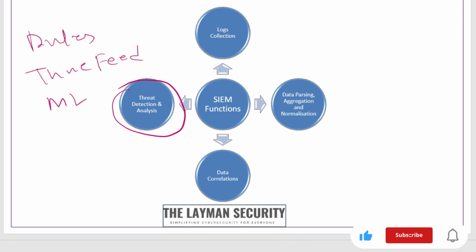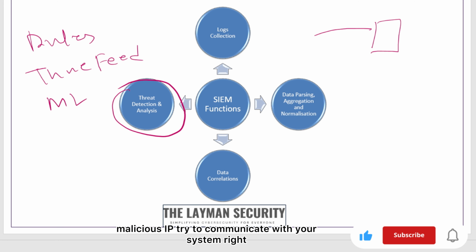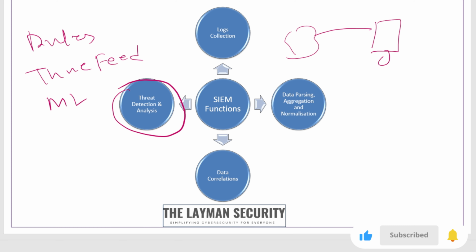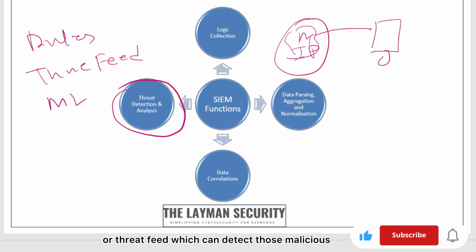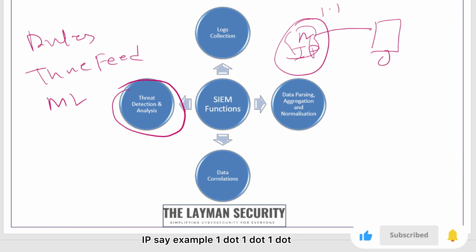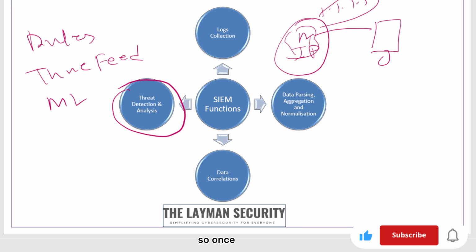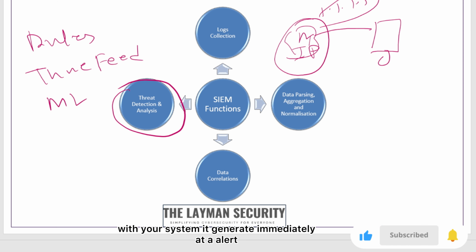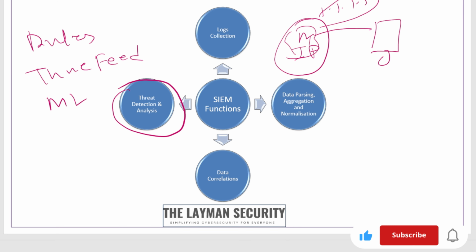For example, if any malicious IP tries to communicate with your system, say 1.1.1.1, SIEM has rules or a threat feed which can detect that malicious IP. Once SIEM identifies that a malicious IP is trying to communicate with your system, it immediately generates an alert, and your SOC team can check and take action quickly.